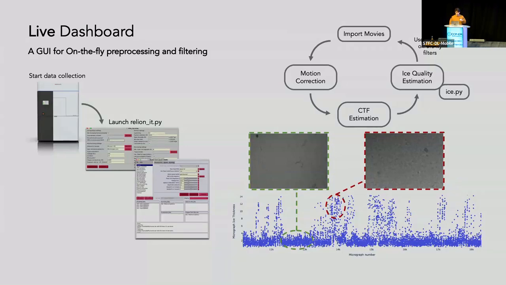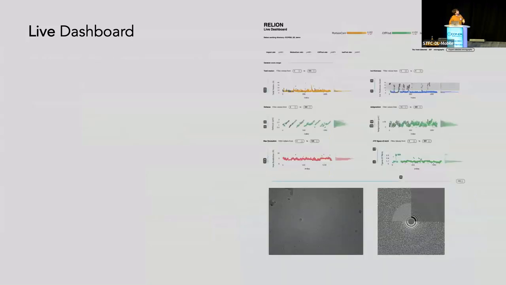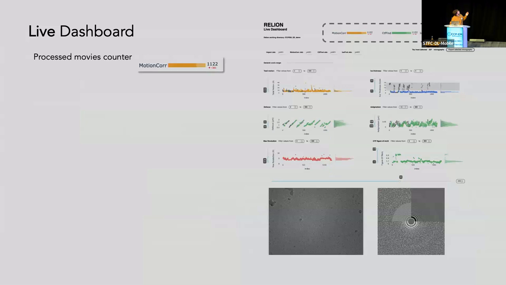Once all of these four steps are over, the movies are automatically filtered using thresholds that are established manually, and the cycle goes on and on. This is how it looks. It contains a movie counter, basically how many movies are left to be processed.